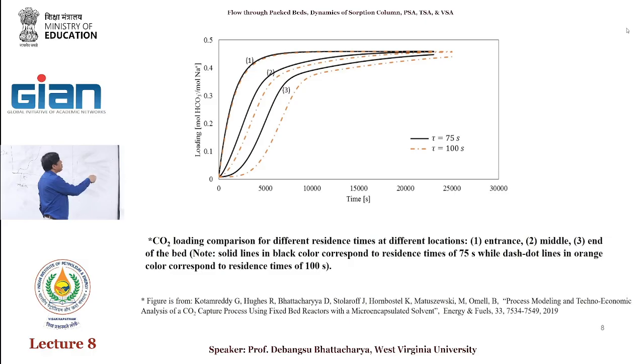If my bed length was equivalent to this, this portion has so much of the loading, this portion will have half of the loading, and this portion really doesn't capture anything. And this is the issue I was talking about, that you have to really think about.